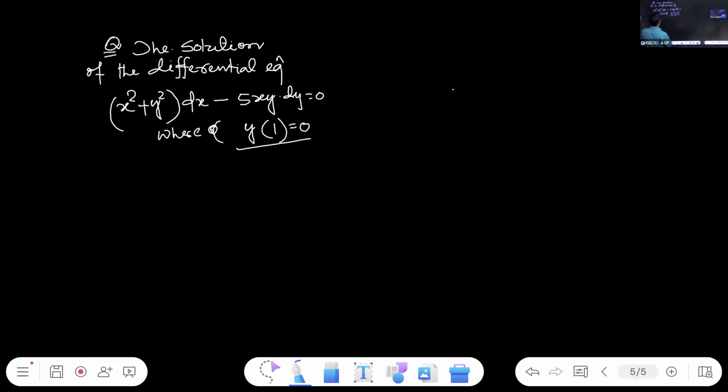x square plus y square into dx minus 5xy into dy is equal to 0.